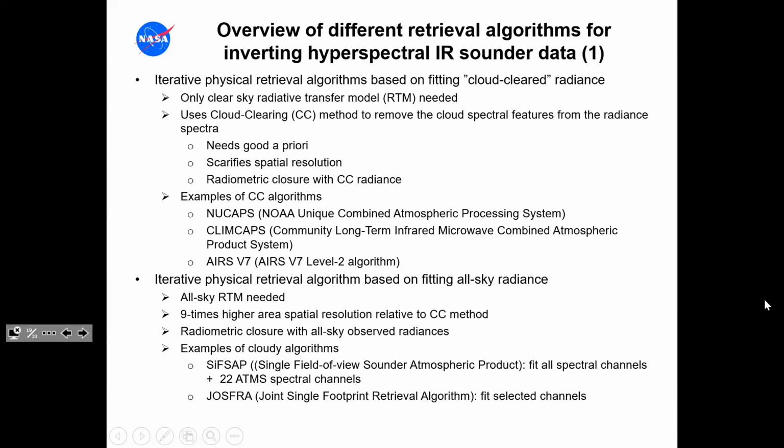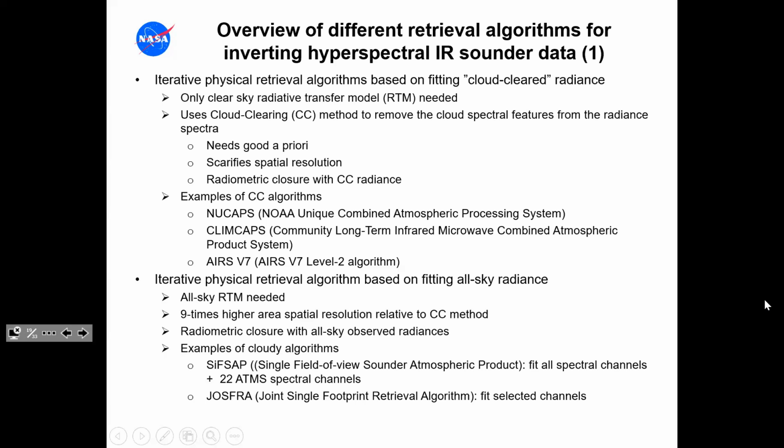Okay. So the physical retrieval is the best way, which needs a full model. But in the past, for the hyperspectral infrared sounders, they could not do the cloudy radiative transfer modeling because computationally it was just impossible 20 years ago. So they ended up with an algorithm called cloud clearing.